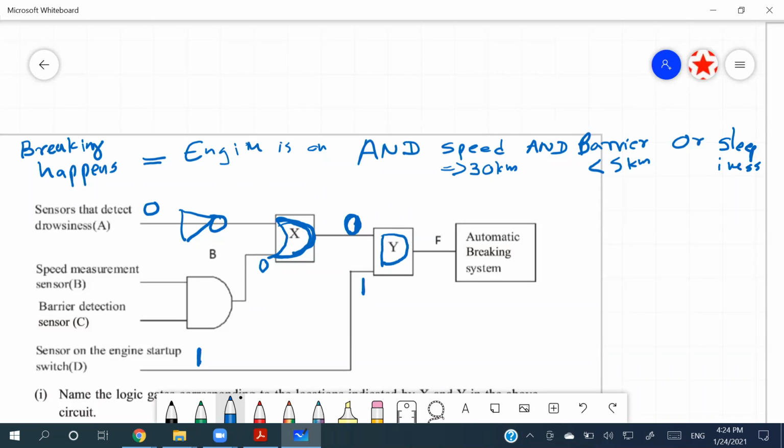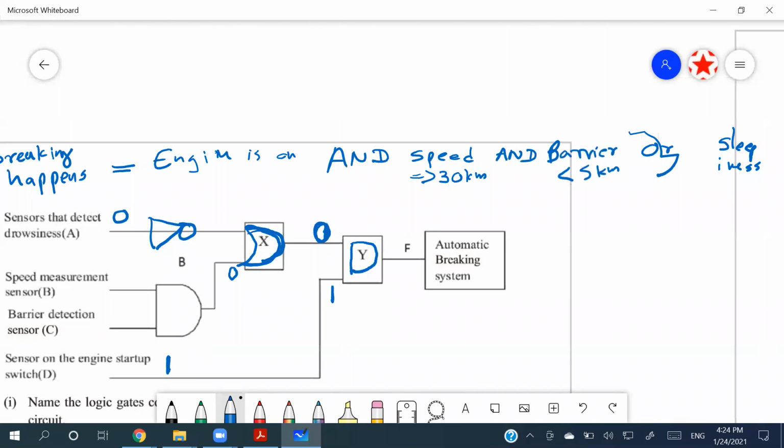Right? So this is what is happening. So these two happen together. So the thing to do is put X as an AND gate and Y as an OR gate. X as an AND gate and Y as an OR gate.